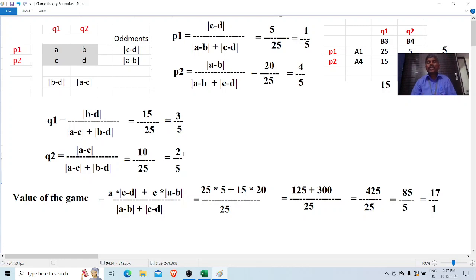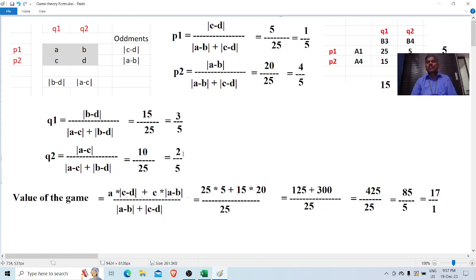So this is how we need to approach the problem using dominance principle. To conclude, first we will check if the game can be solved with max-min and min-max principle.